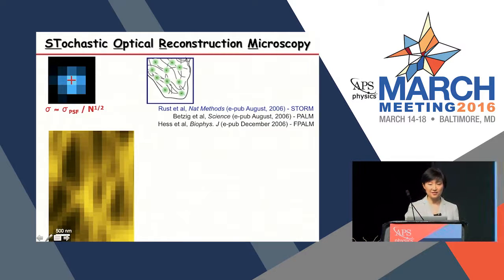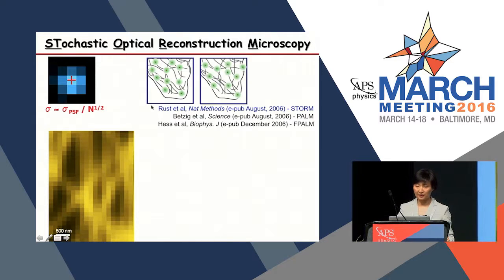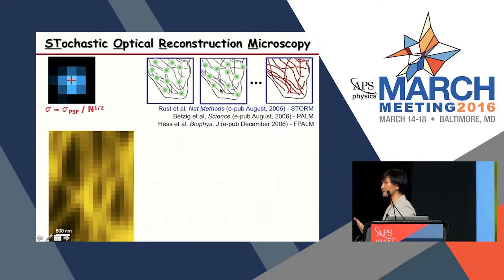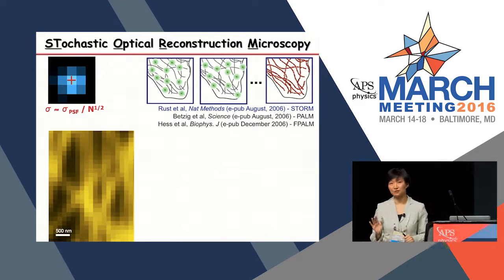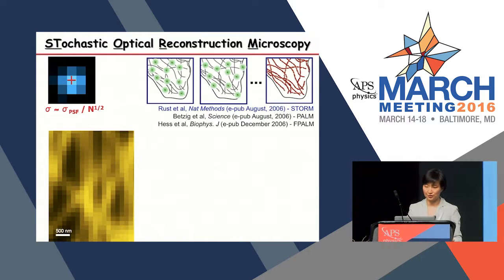That way, you can pinpoint their center positions, then you turn this subset off, turn on a different subset, and pinpoint their positions, and you iterate this process often thousands to tens of thousands of times to determine all the molecular positions in your field of view. Then your image resolution is no longer limited by diffraction, but by how precisely you can localize each molecule, which can often be 10 or 100 times better than the diffraction limit.